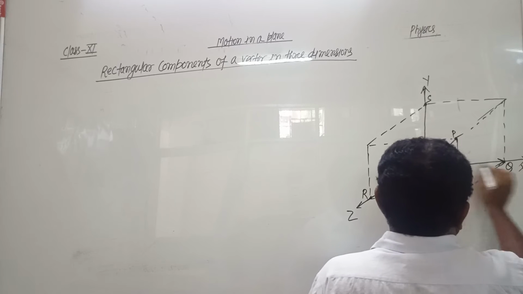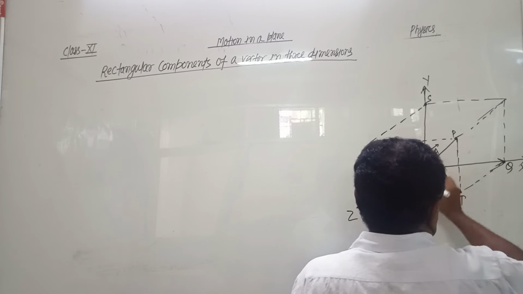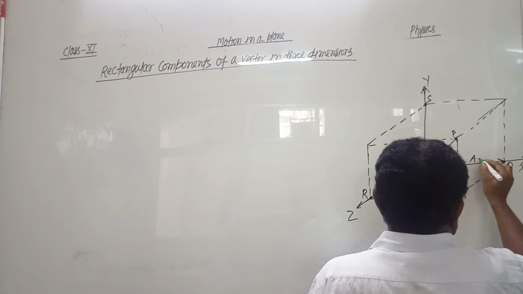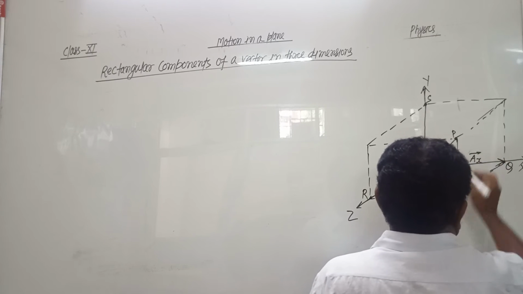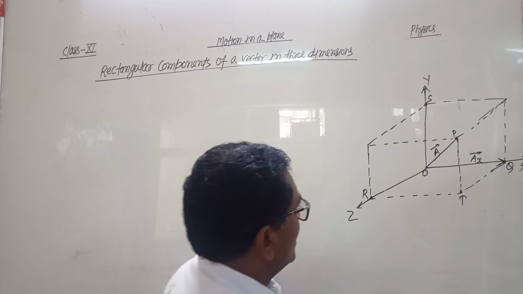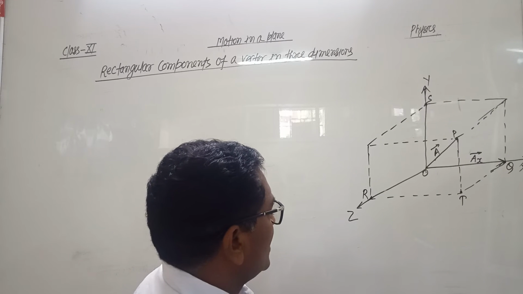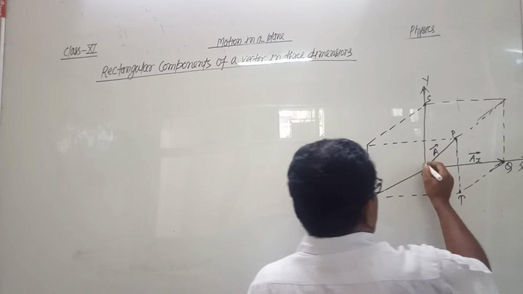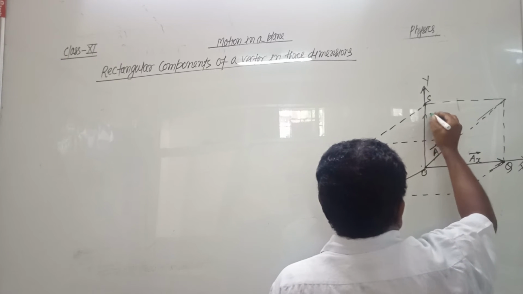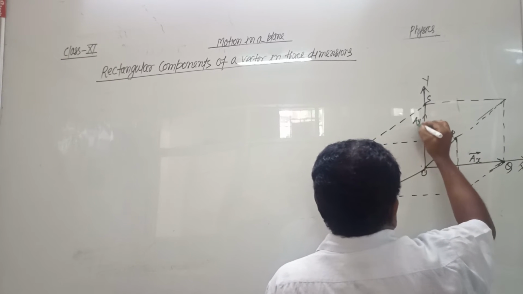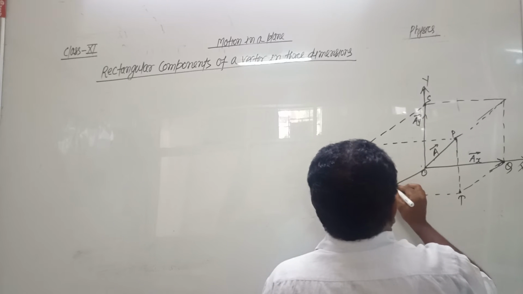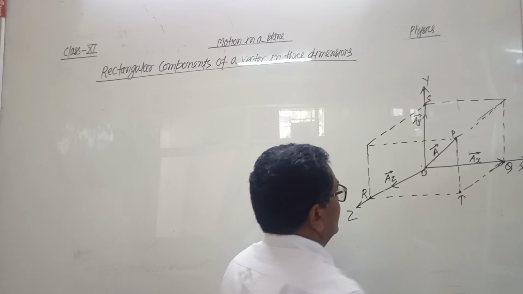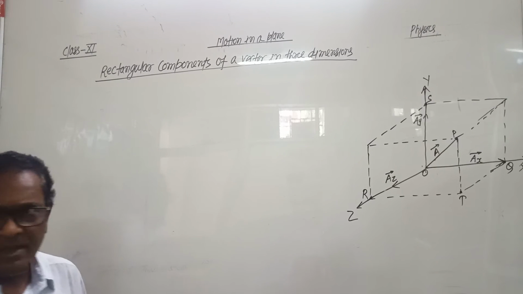The component of vector A in the direction of x-axis is represented by vector AX. The component of vector A in the direction of y-axis is represented by vector AY, and the component of A in the direction of z is represented by AZ.